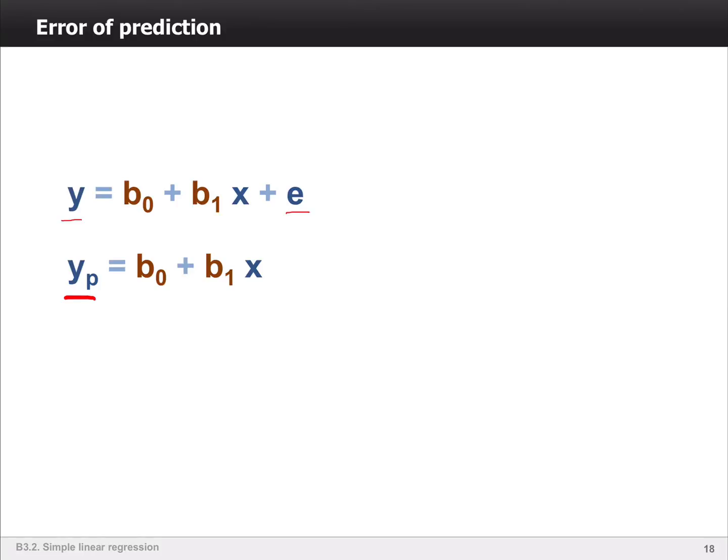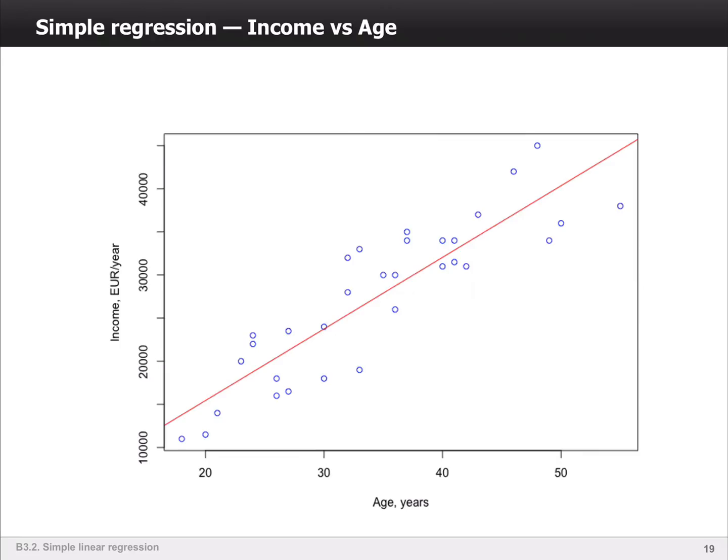It means that we can use this to define the error of prediction. What does it mean? The error of prediction is simply the difference between the real y value and the predicted y value that the model gives us. So every time we have an error term, we will use y here. But if we don't have an error term here, then we will use yp. So in this case the points lie exactly on a straight line, it's what the model predicts.